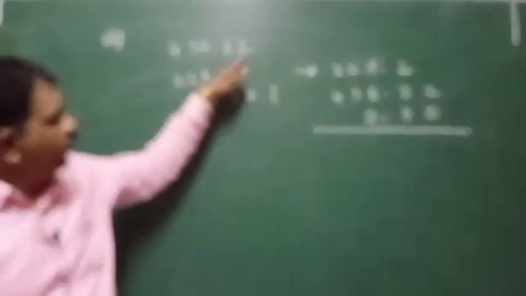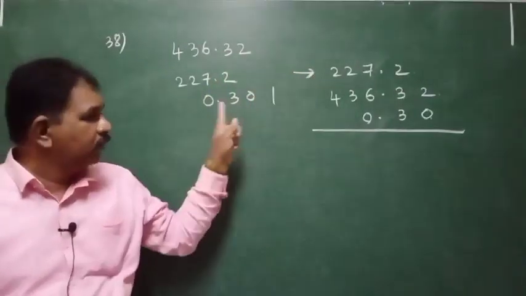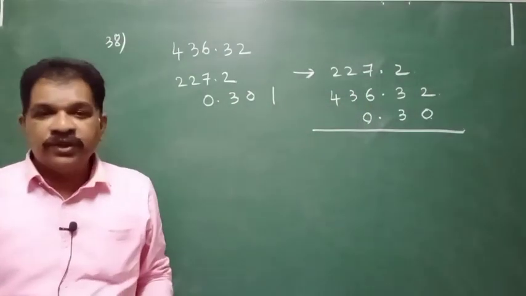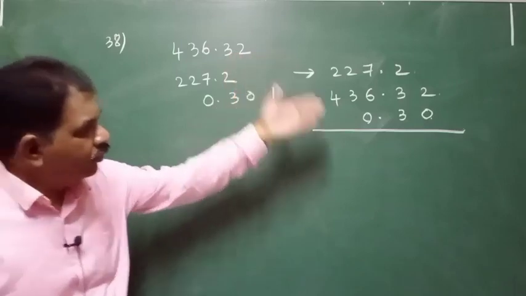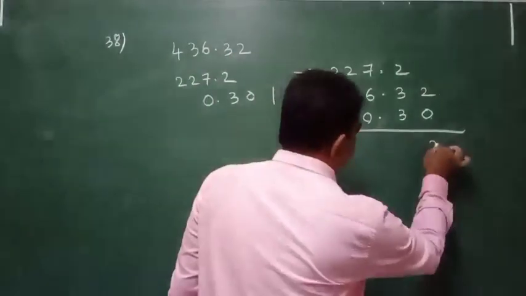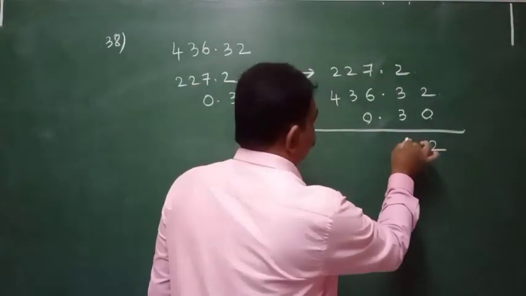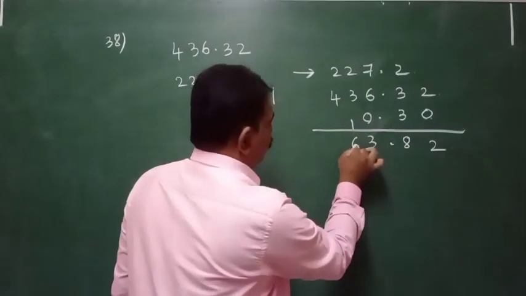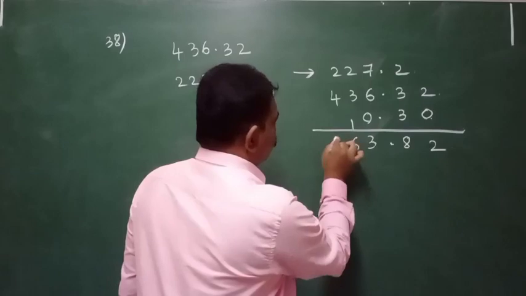In this one already 2 are there, no need to round. In this one 3 are there, that's why it is rounded to 0.30. Do the arithmetic operation, do the addition. It will be 8. This will be 13. This will be 6. This will be 6.